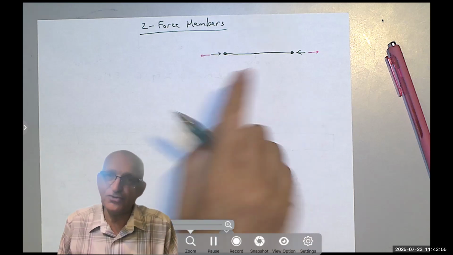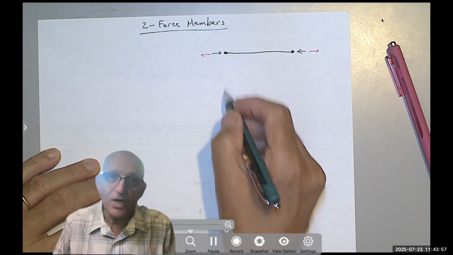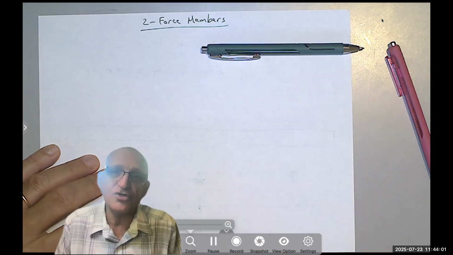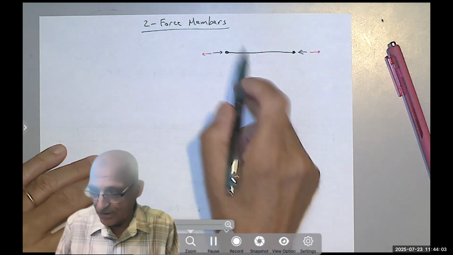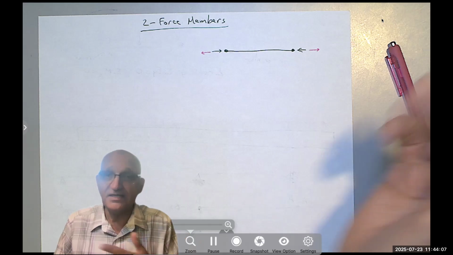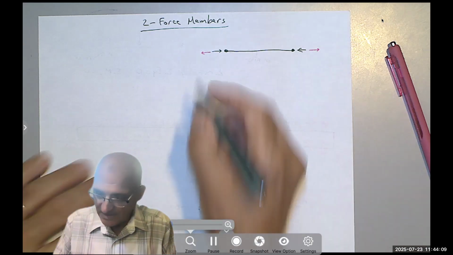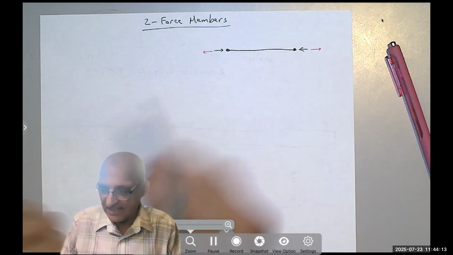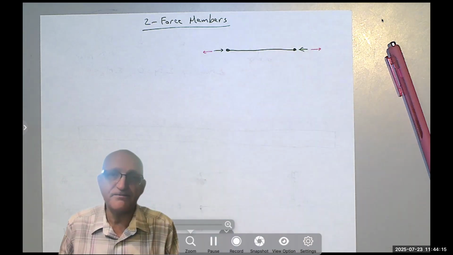Because usually you have two unknowns, you have an X and a Y. Now, I don't have to care about the Y since this member is horizontal, so the force, and it's not loaded. If I place a load here, yeah, there is X and Y. But if I don't put any load, maybe except at the ends, then it's a two force member.